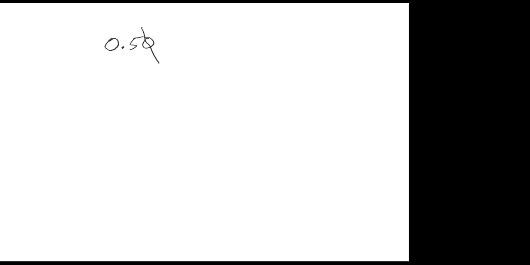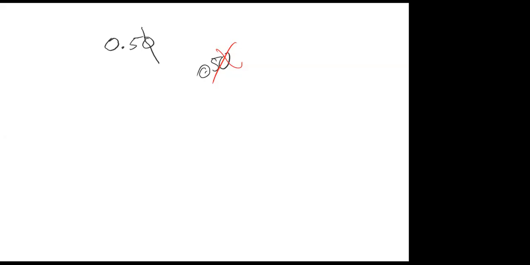So use leading zeros when you have something like 0.5, and don't use trailing zeros when you have 0.50. Just get rid of that extra 0. The reason I'm saying that is because if you write 0.50 and your instructor doesn't notice the decimal point, she's going to think you wrote 50 as your answer, and they're going to mark it wrong. So I just want to make sure you're aware of that when it comes to rounding.